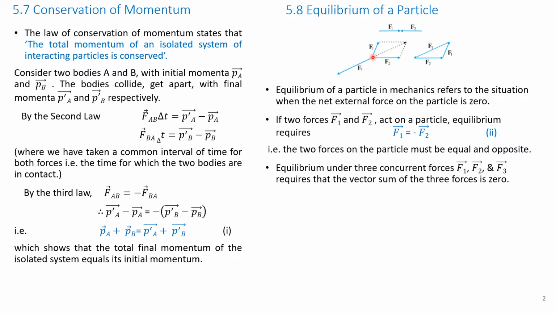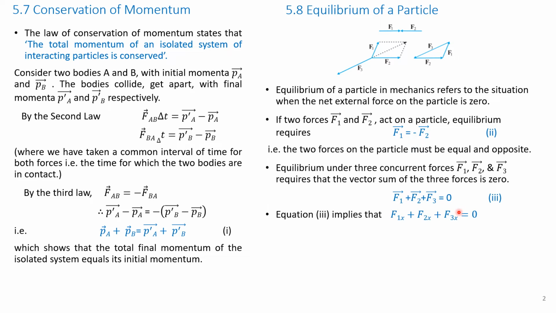That is, three vectors are acting on a particle, and equilibrium requires that their vectorial sum should be 0. The vectorial sum is shown in the triangle. Therefore, F1 plus F2 plus F3 equals 0.